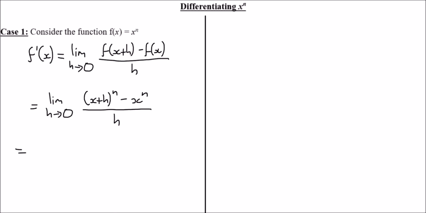Now this bit we're going to just remember from before how we can define this, what it actually is. So limit as h goes towards 0, x plus h to the power n.